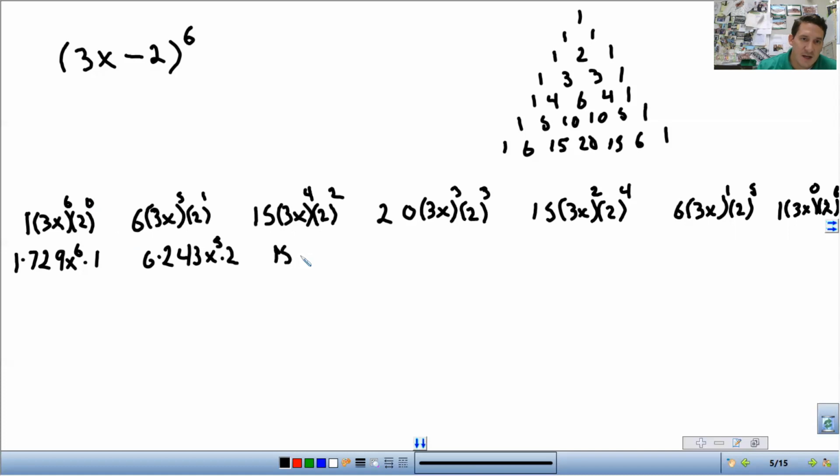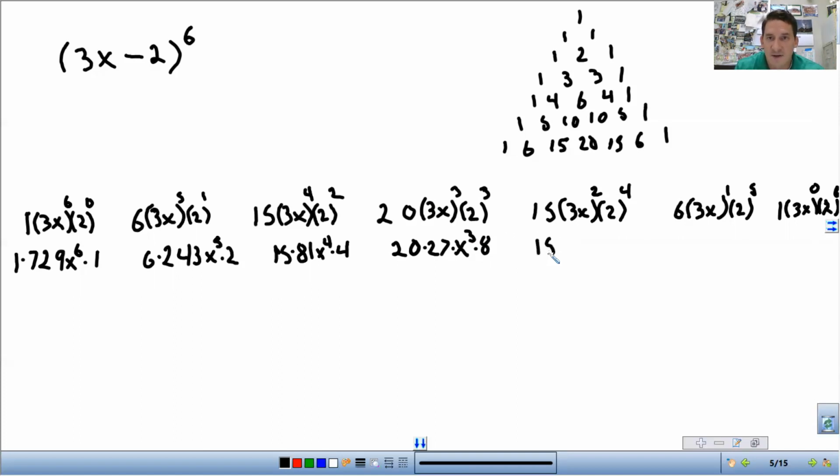And I have 15. 3 to the 4th is 81. So 15 times 81, x to the 4th times 2 squared, which is 4. So then I have 20. 3 to the 3rd is 27 times x cubed times 2 to the cubed, which is 8.